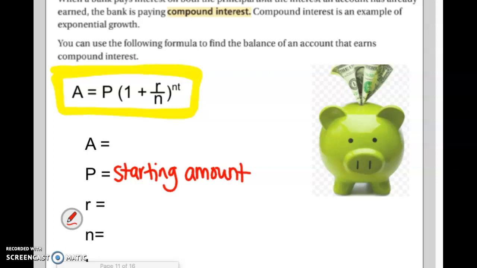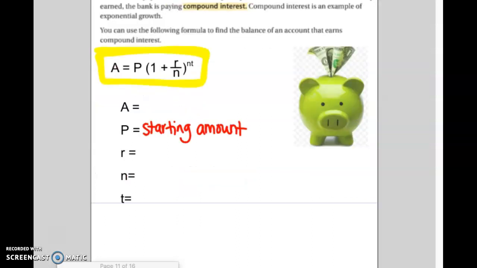It kind of looks like that 1 plus equation, your growth equation, but there's a little bit more involved with it. R is your rate written as a decimal. And n is the number of times it's compounded.